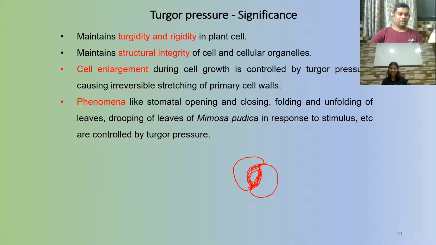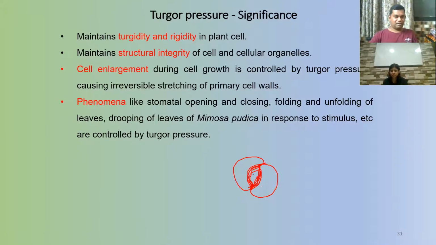Getting it? Answer properly. Look, obviously it is about plants. This entire chapter is completely based on plants. So for the stomatal opening and closing, there are small pores present on the surface of the leaf, on the epidermis of the leaf. Each stoma is surrounded by two cells which are called the guard cells.